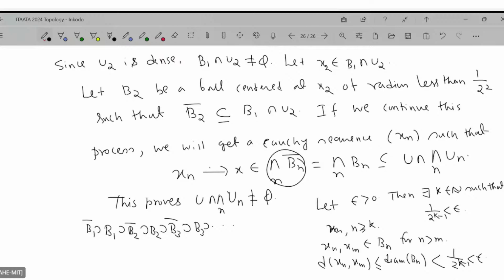Completeness is needed. In a complete metric space you have the Cantor intersection. Most of us think of real analysis, that is a complete metric space. There we actually use the property of completeness. But it is also true in a general complete metric space.